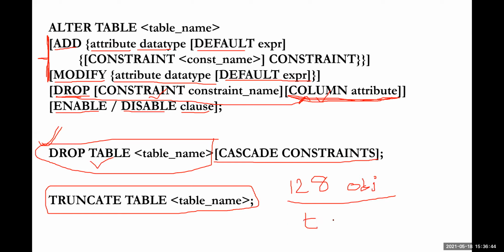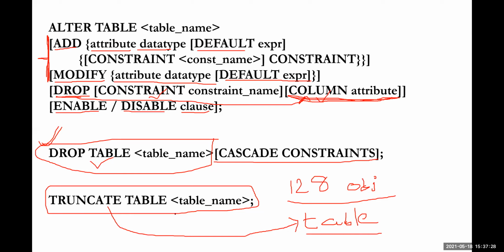The above three commands can be operated on any kind of object, but truncate can be operated on only a table. You could not operate truncate on a user view or middle layer view, something like that. Therefore, please remember that truncate can be operated on only a table.